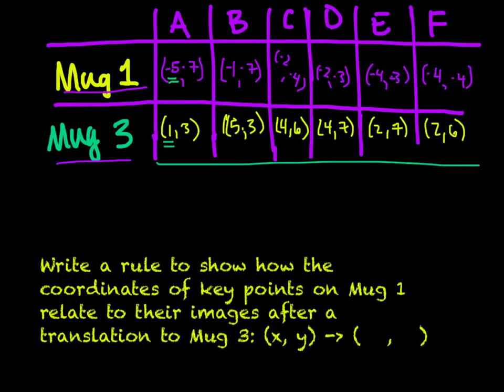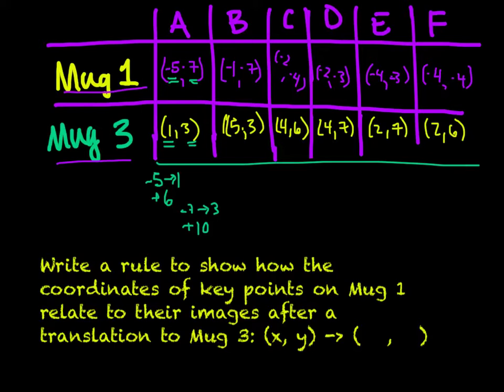To get from -5 to 1, I'd have to add 6. Looking at -7 to a positive 3, I would need to add 10.